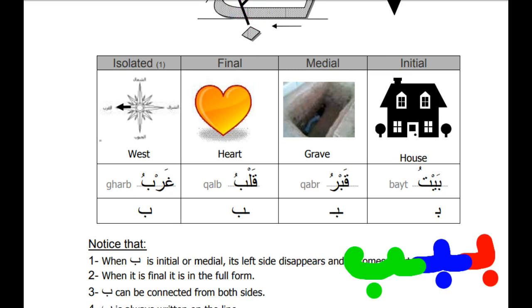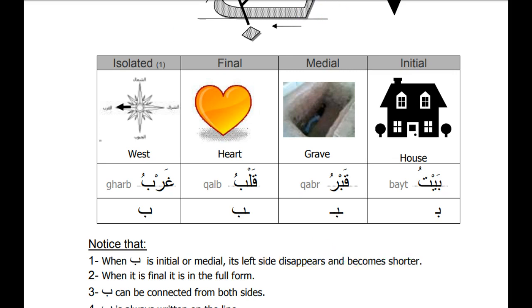And then, well, we already know the letter ba on its own is just like this, and then the dot. Complete. So we have ba at the beginning, in the middle, in the end, and on its own or isolated.